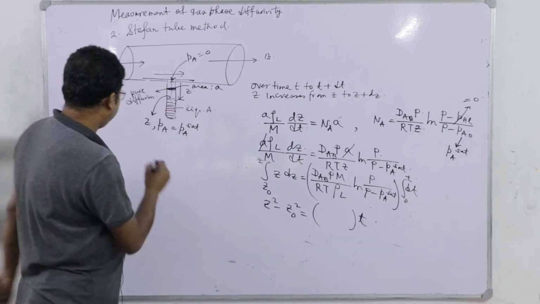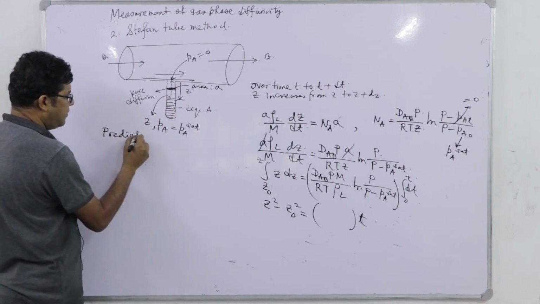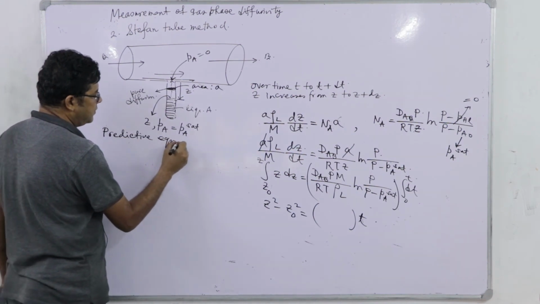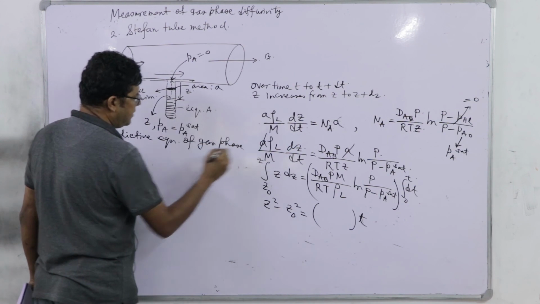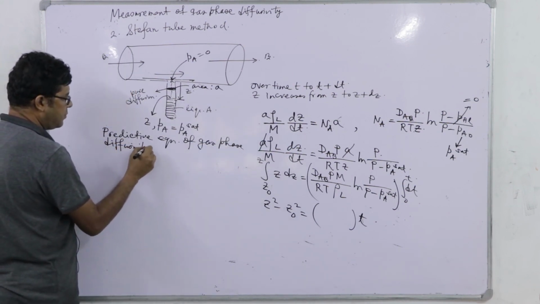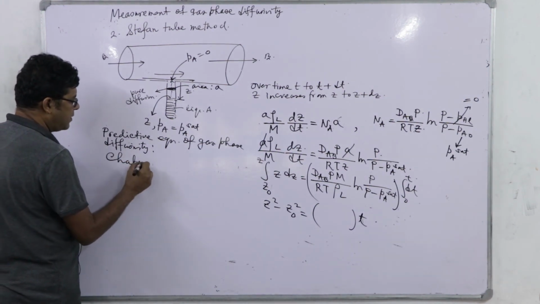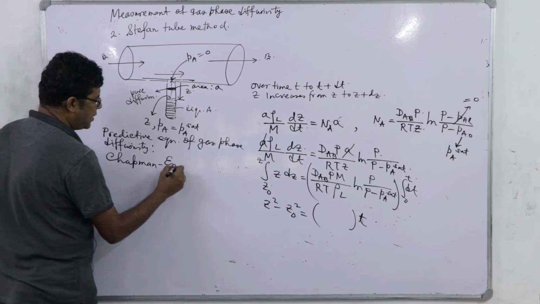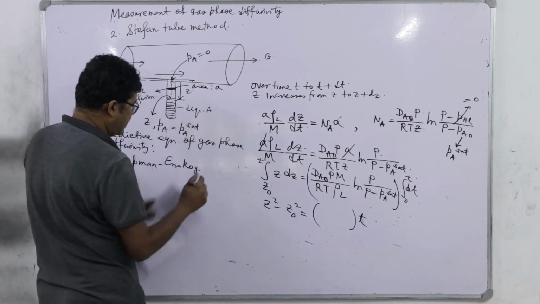So, one is predictive equation of gas phase diffusivity. So, first one is Chapman Enskog equation.